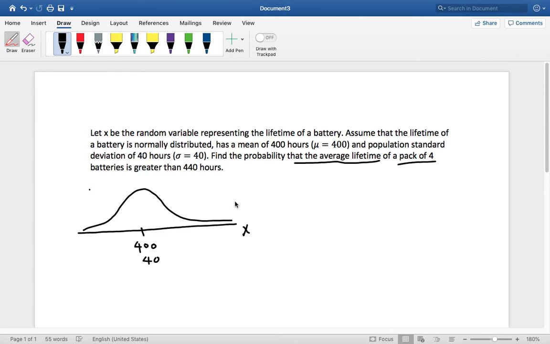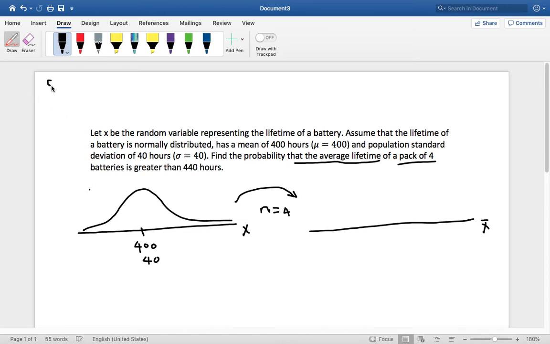They want us to take samples of size 4 and set up the distribution of averages when you're dealing with samples of size 4. What happens to this distribution?